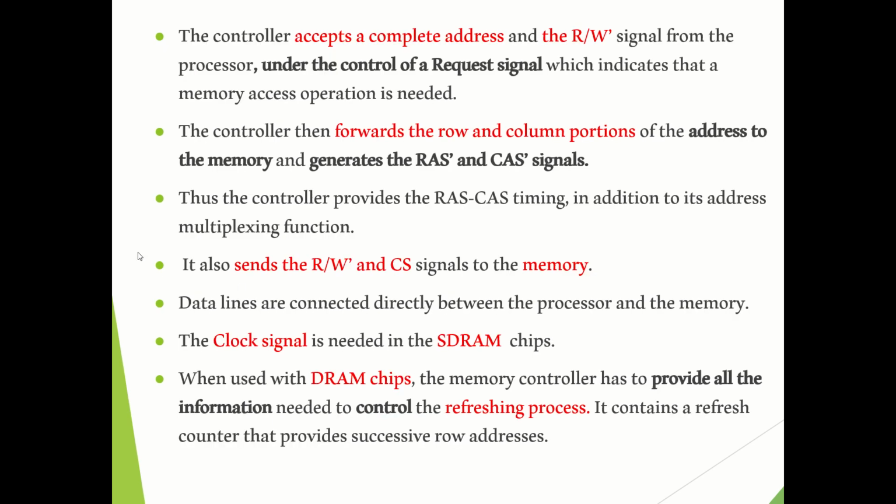First, the higher order bits are used to identify the rows. After selecting the rows, the lower order column address will be given, and the appropriate RAS, that is row address strobe, and column address strobe signals are provided by this memory controller.